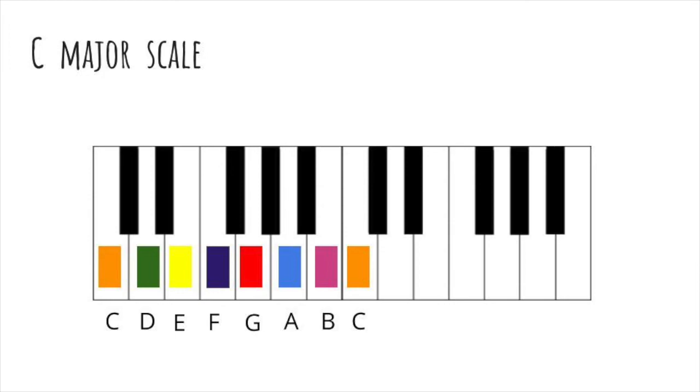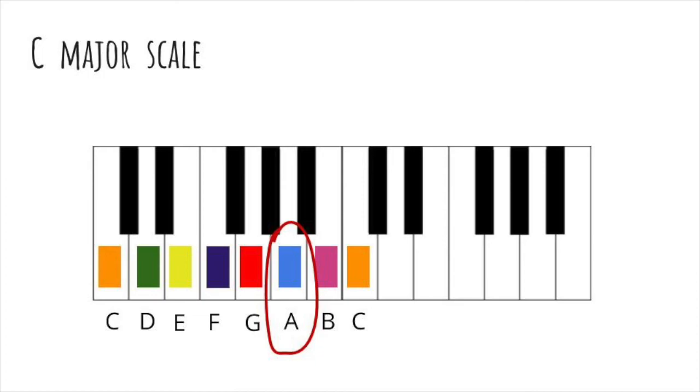And a helpful way to think about relative majors and minors is that if you play a major scale up to its sixth note, so in this case we're going to start on C and go up to A, that will be the starting note of a minor scale that uses the same notes as the major one.